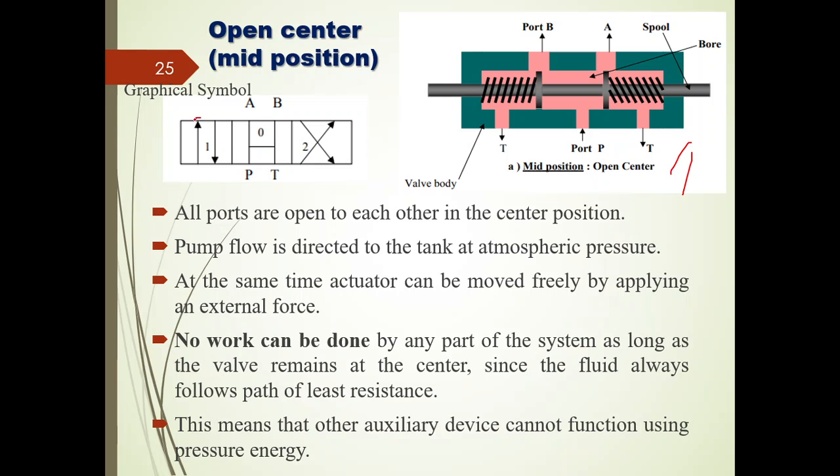So this is a parallel connection, that is in the first position, and in the second position the flow will be taking place in a crossed manner, that is from P to B as well as A to T. But in the center position I am not having any obstruction. Instead, the pump flow can be connected to A, or it may flow to B, or it can flow even to T also, right?